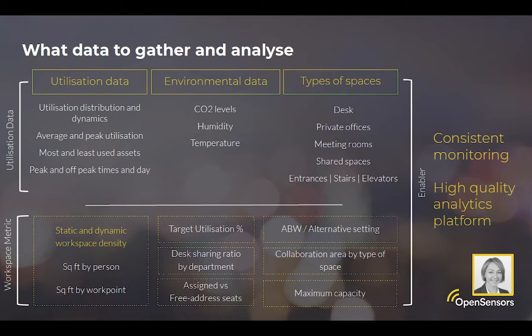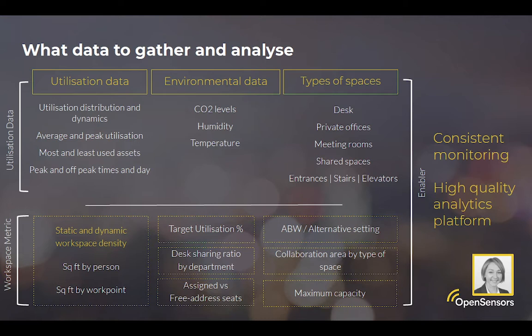So the two key conditions that make it possible to move from space performance metrics to figuring out workplace performance guidelines or standards for your particular organization are basically just two things.